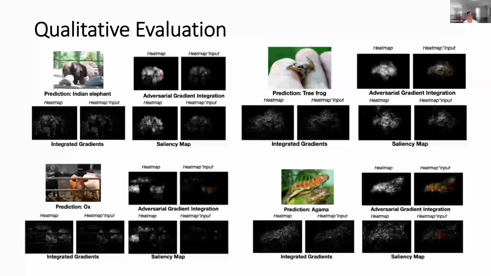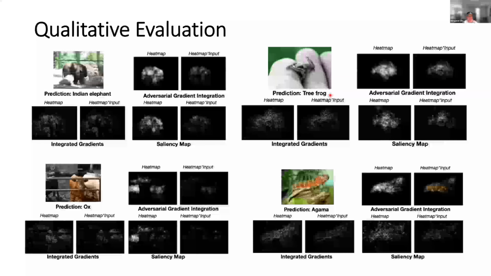So that's the real features. With other approaches, you can see many spurious features all over the place. Some are real, but the real feature should be on the torso of the elephant, just like this. But other approaches learn features everywhere. So some are spurious. Likewise for other examples like the lizard or the tree frog.